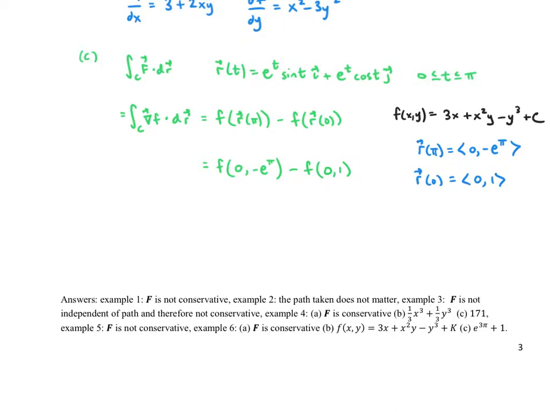All right, so what we have then is f of 0, negative e to the pi. So we're going to plug in 0 for x right here, and then we're going to plug in negative e to the pi for y here and here. So we get 0 and 0, and then we get minus negative e to the pi cubed.